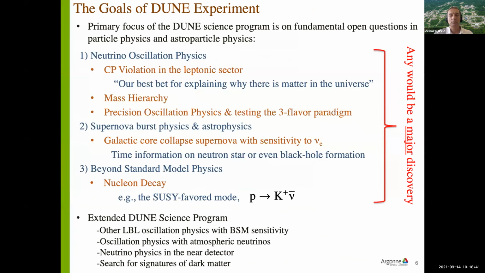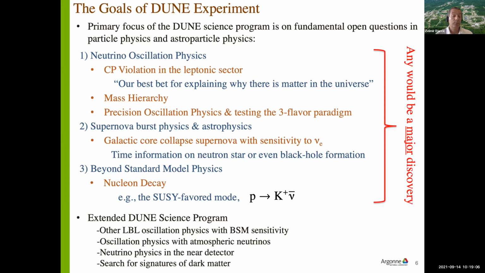To conclude the DUNE introduction, I will also remind you what the goals are. The primary goal is to address the fundamental open questions in particle physics and astroparticle physics. The primary goal is to search for CP violation with neutrinos and antineutrinos. As our colleagues like to say, this might be our best bet for explaining why there is matter in the universe.